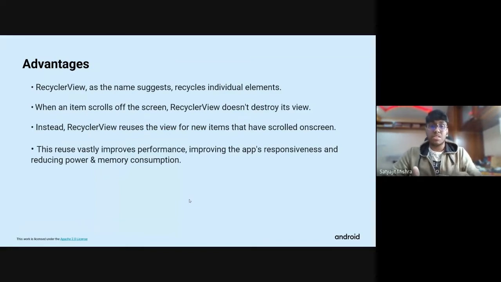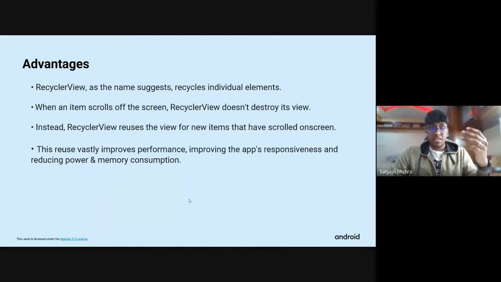But what you don't know is that behind the scenes, recycler view literally just recycles the element that went off the screen. You cannot see it anymore, right? When that happens, it will reuse that view again. All the elements look similar, they just need to change the data.